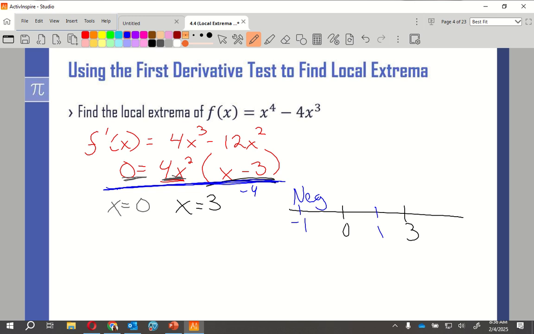So positive 1 is going to give me a negative 2 and a positive 4 out here. So together that's also a negative. And let's go with 4, because why not? If I plug in 4, I get a positive 1, and I get 16 times 4 is 64. So it's positive, positive. Therefore, on this side, it is positive.